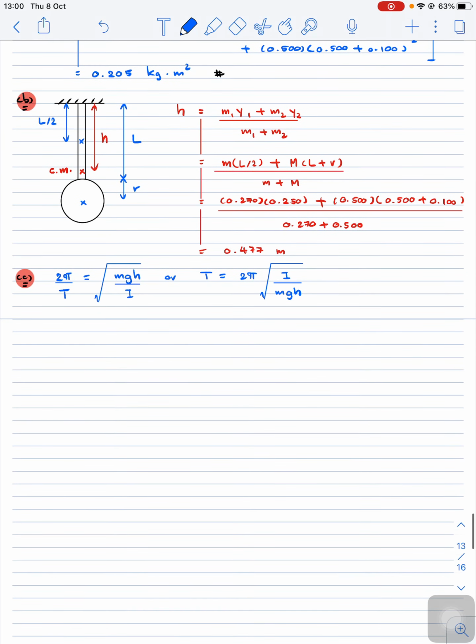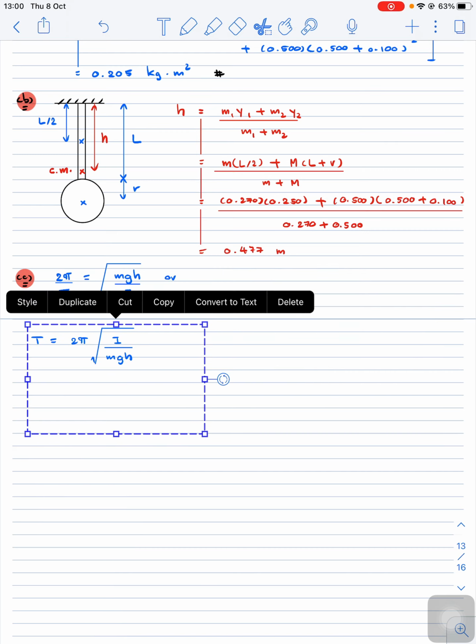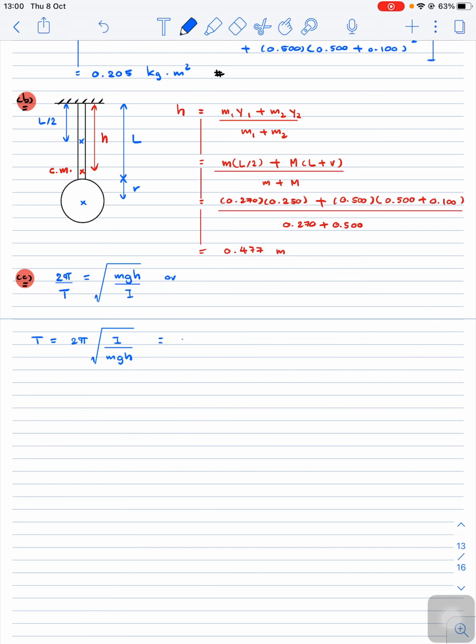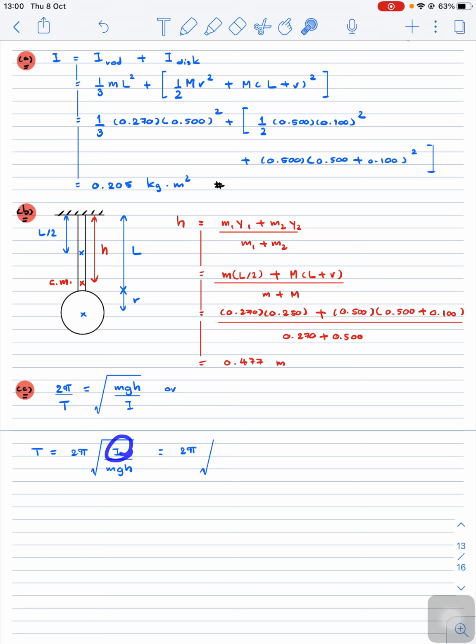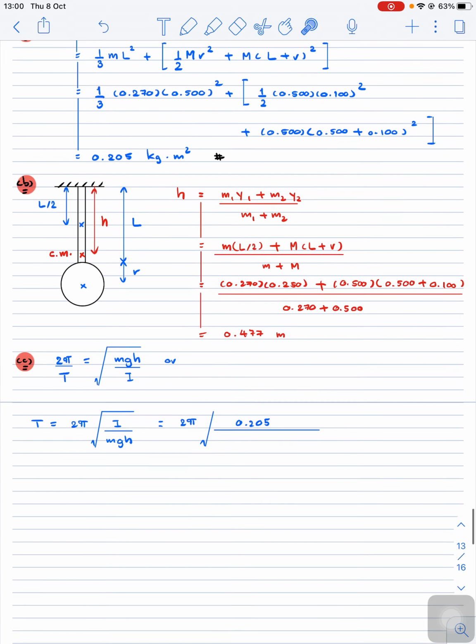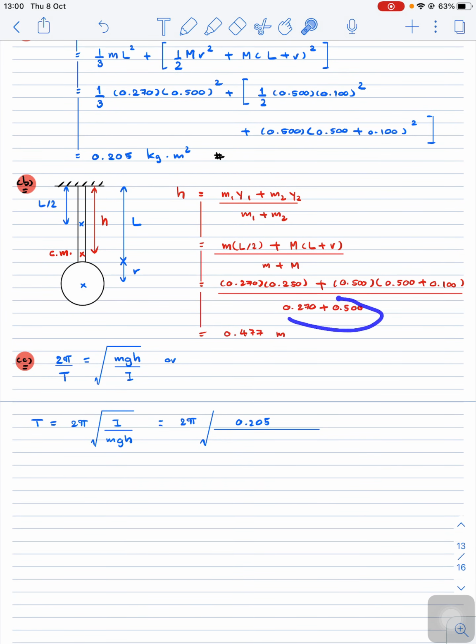Now let's plug the numbers into the equations. T equals 2 pi times the square root. For I, the moment of inertia of the system, equal to 0.205, and the mass of the whole thing here equals 0.270 plus 0.500. Don't forget that this must be the mass of the whole rigid body.